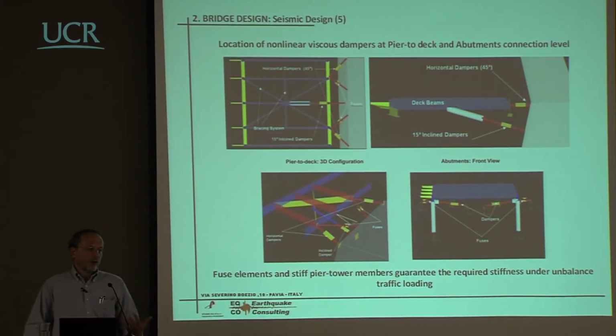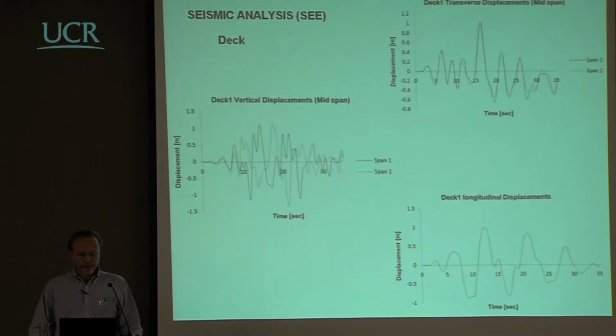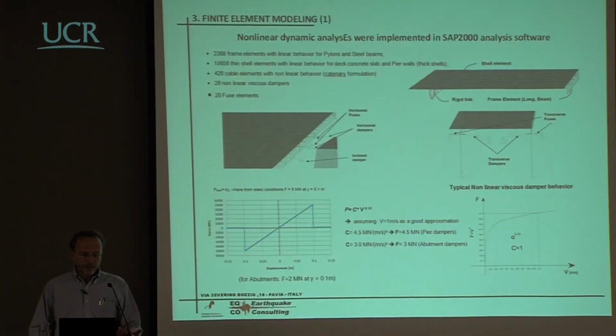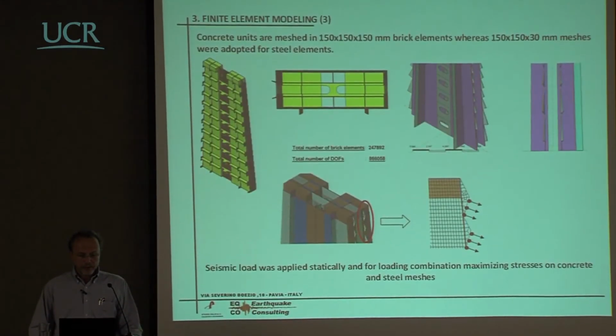And the things are a bit more complex than what I presented in the preliminary evaluation, because you have also to control some vertical response there that I did not discuss, and therefore you end up with some horizontal and some inclined dampers. And then you go through the nonlinear time history analysis, and you end up with something which is perfectly satisfactory, and you go for the detailed design.